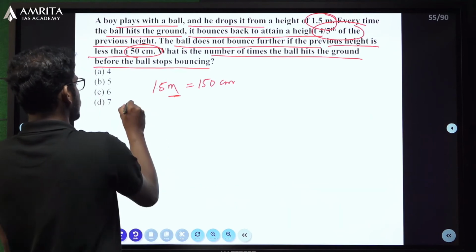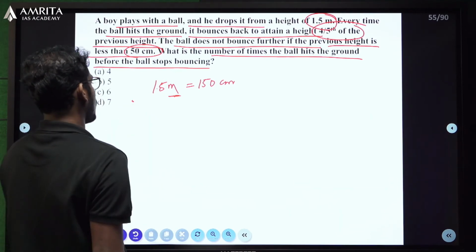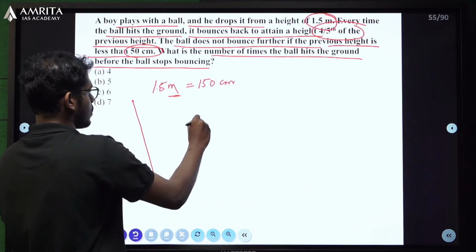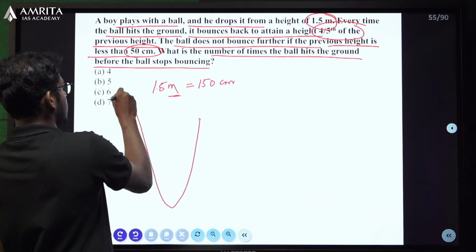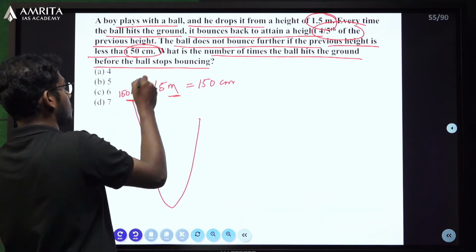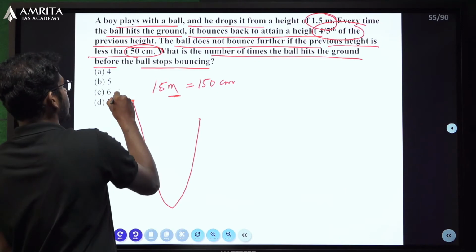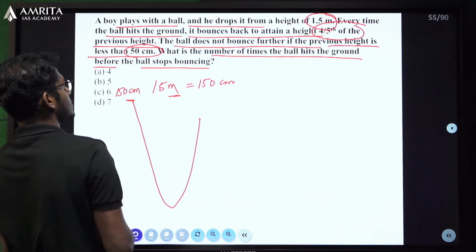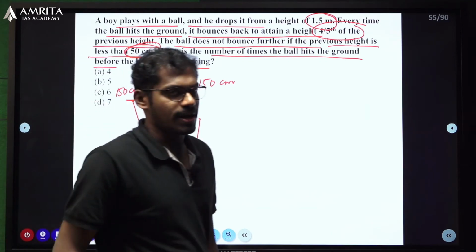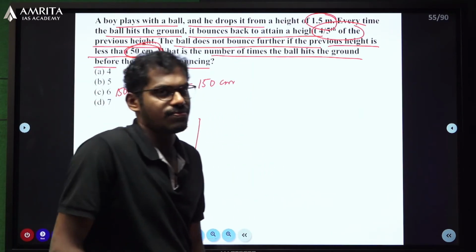Suppose the ball drops from here and it goes down, bounces back, goes here. It drops from 150 centimeter. Why did I convert into centimeter? Because the question says it will not bounce back if the previous height is less than 50 centimeter.